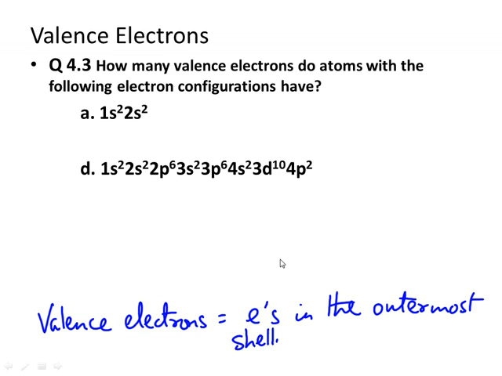In other words, the shell of electrons that has the highest shell number. So if you look at the electronic configurations in this problem, the first one, A, the configuration is 1s2, 2s2. In other words, the first shell is the one with number 1, and the second shell is the one with number 2. Which shell of the two is the outermost shell? Which shell of the two is farthest away from the nucleus? The answer to that question is shell number 2 is the outermost shell for this atom.